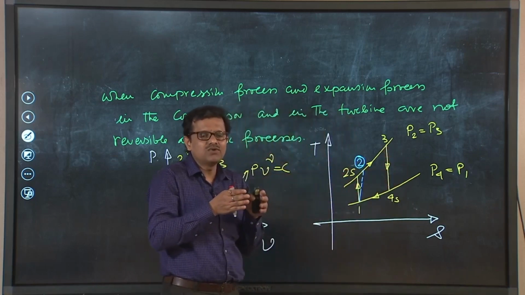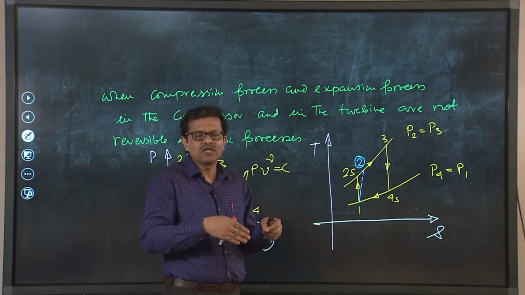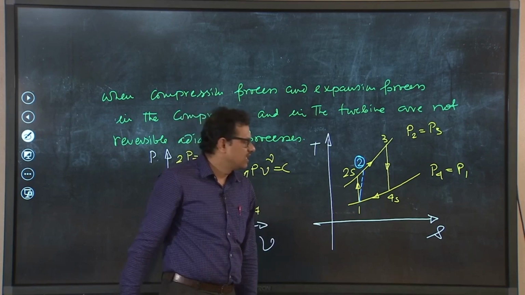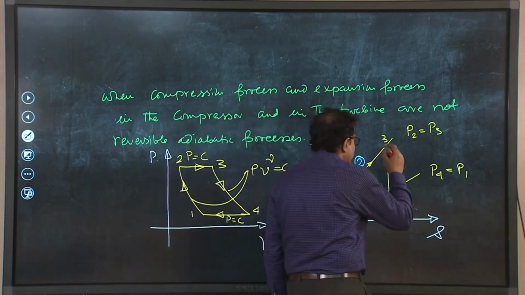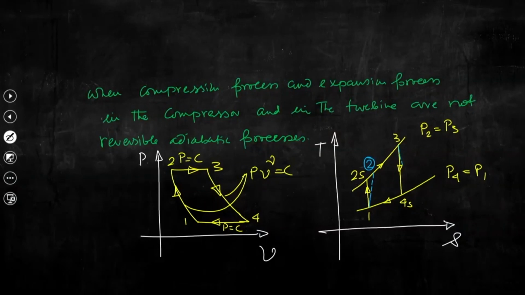So if we consider the expansion process from 3 to 4, then in the direction of forward flow, entropy will increase and the actual process would be like this. So this is 4. Now 1, 2, 3, 4 is the actual process. So I am writing 1, 2, 3, 4 actual cycle.